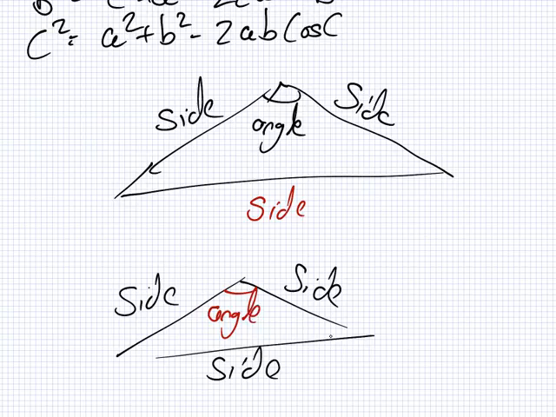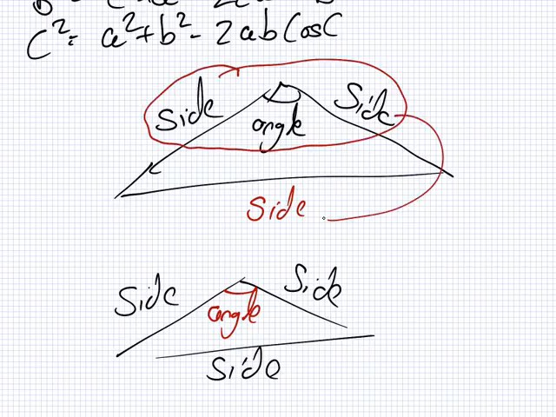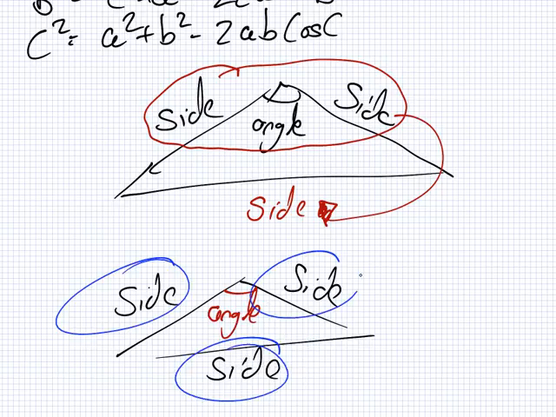These are the two situations for cosine rule. When you have two sides and the angle between the sides, then you can find the missing side. Or the other situation is when you have three sides and then you want one of the angles. So I'll do the first one and then you can try one like the second one.